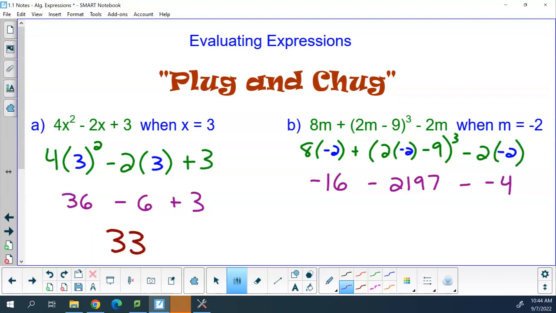So that's going to be negative 12 minus 2,197, which is going to be negative 2,209. Negative 12 minus 2,197 is negative 2,209.